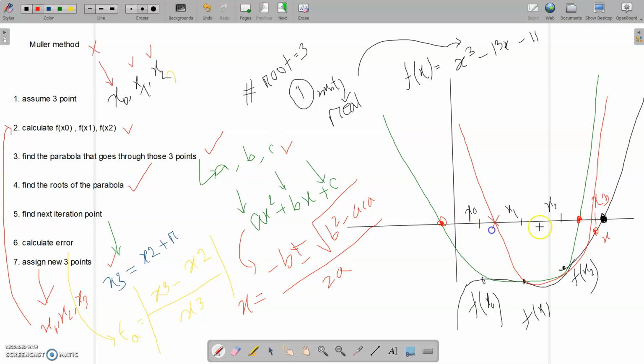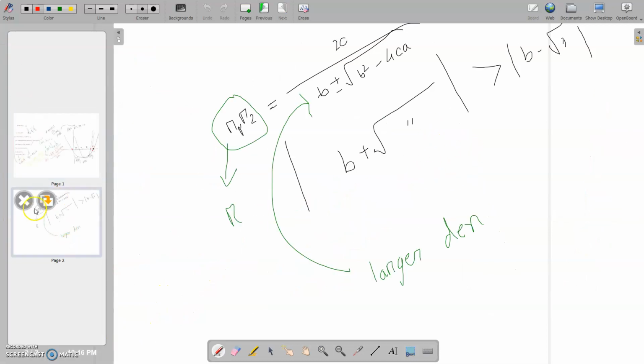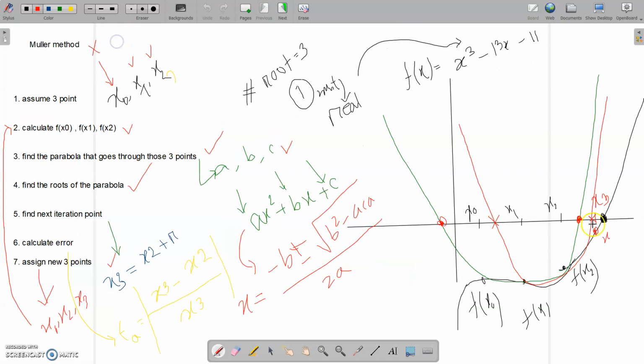I will take one of the roots based on the condition that is shown here. I will find the new point, then find the next iteration point. Then I'm going to calculate the new error, the new value that I found minus the last value that we found.